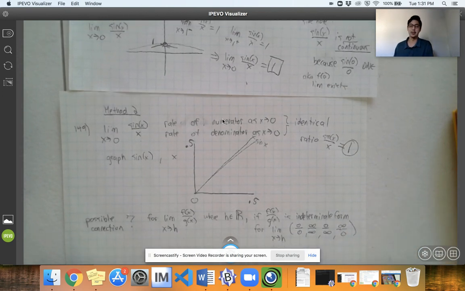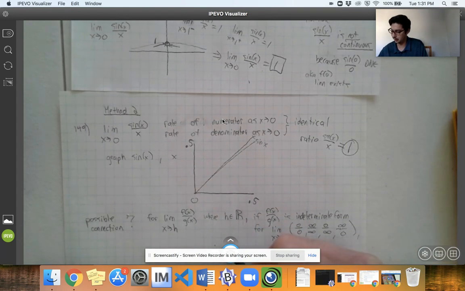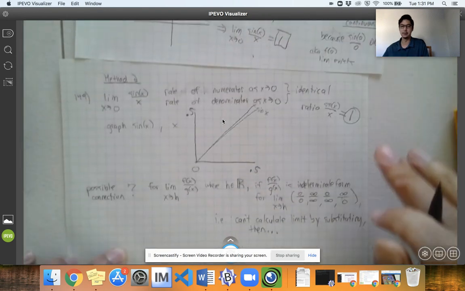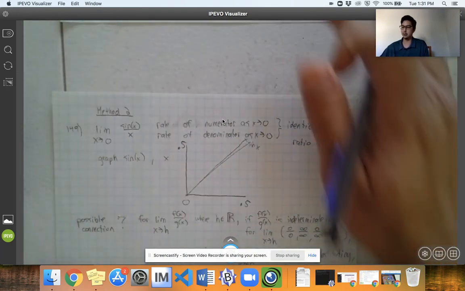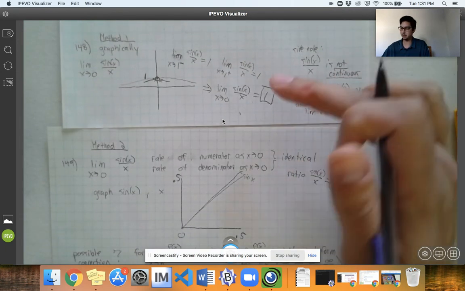All right. In other words, if you can't calculate the limit by substituting, then dot, dot, dot, I don't even know if you saw that. What did we determine with this method 2 equaling method 1?